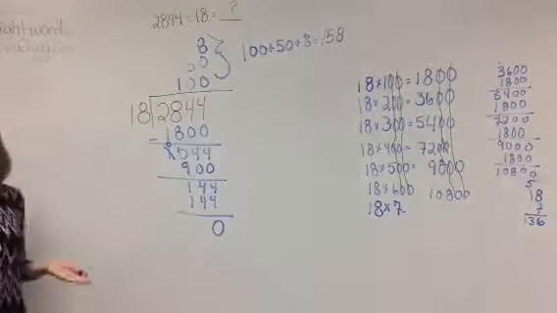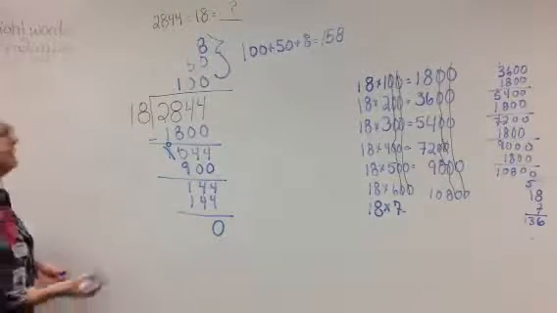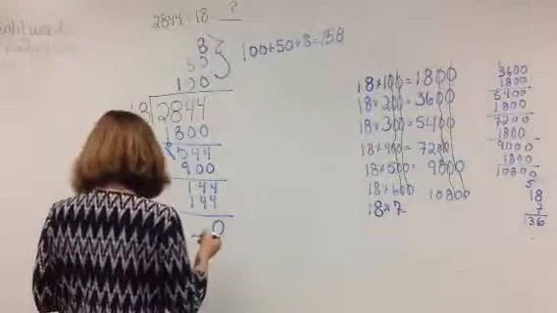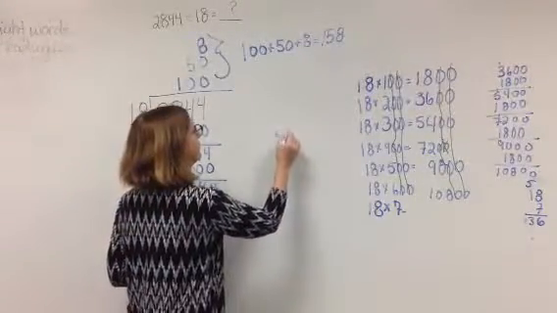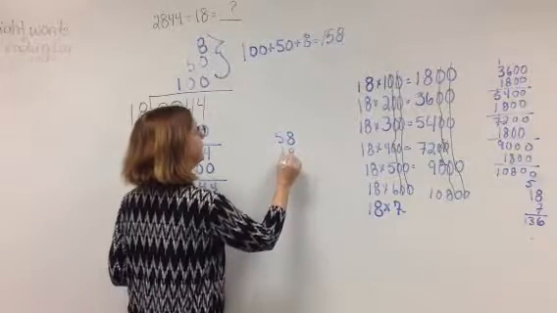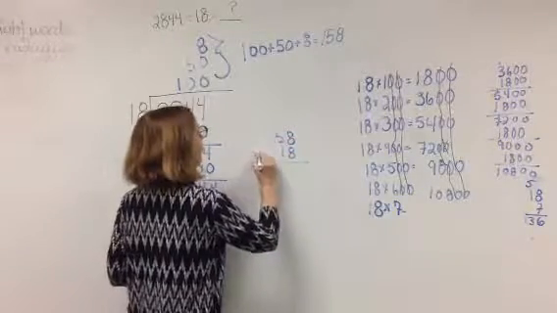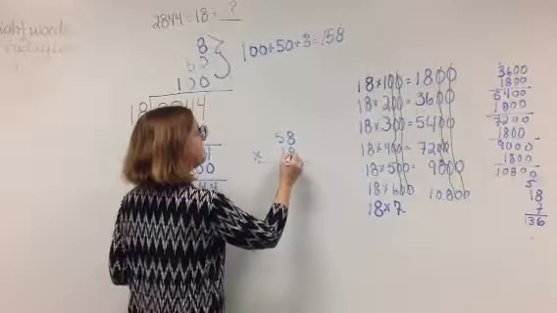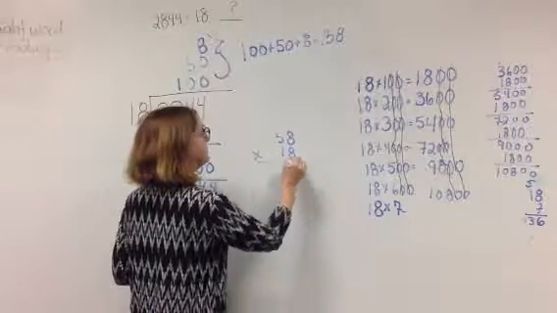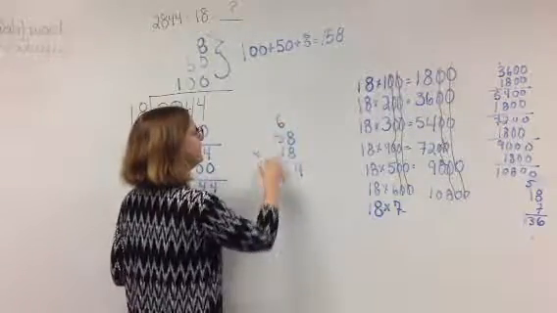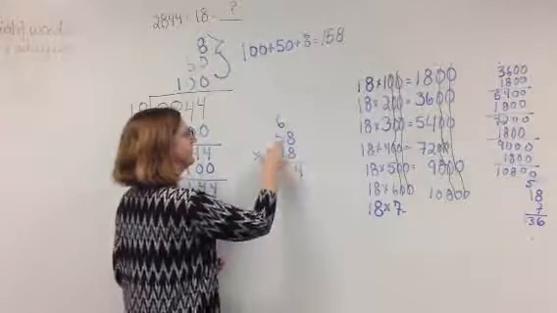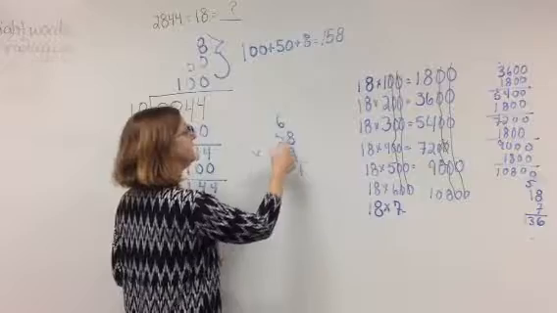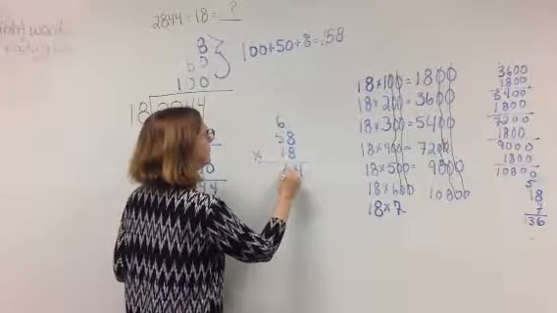Now, what if I'm not sure if that's my answer? Well, I could check my answer by multiplying 158 times 18. 8 times 8 is 64. I'm going to put my 6 here because I'm regrouping, and in my tens space I'm going to put the 4. 5 times 8 is 40, plus 6 is 46.